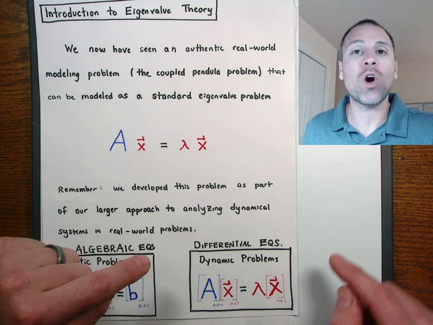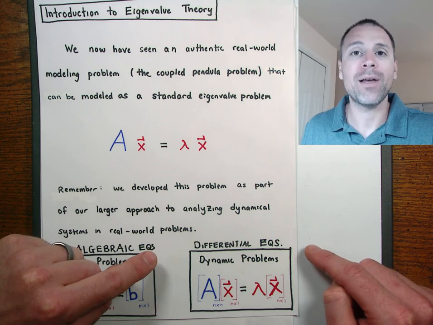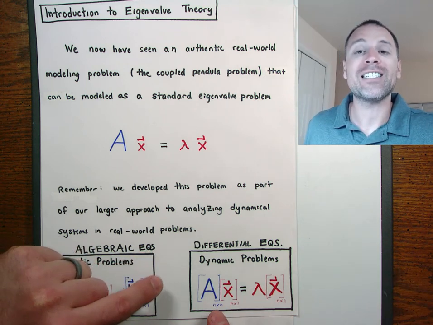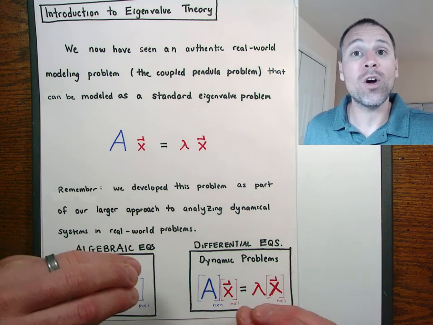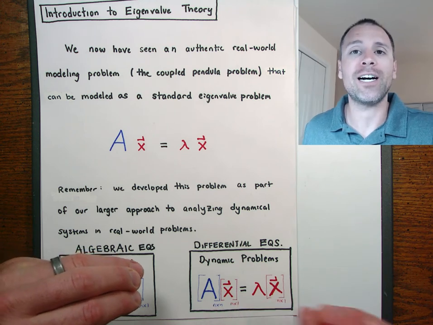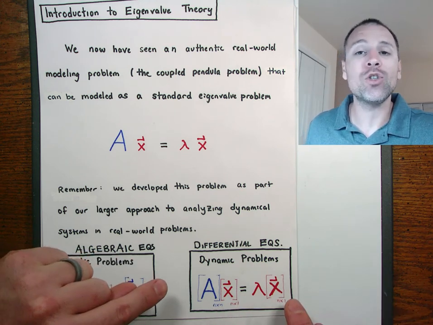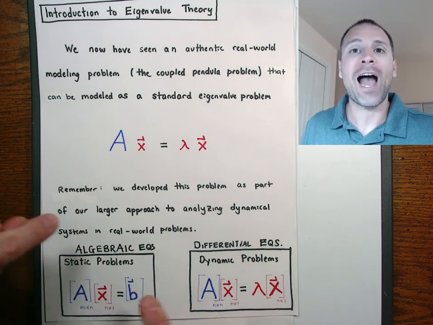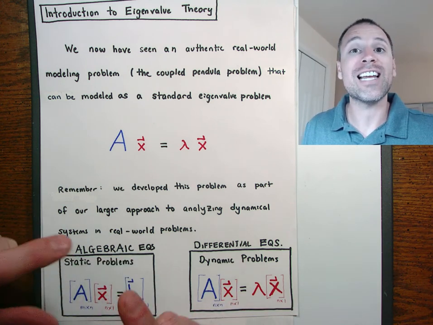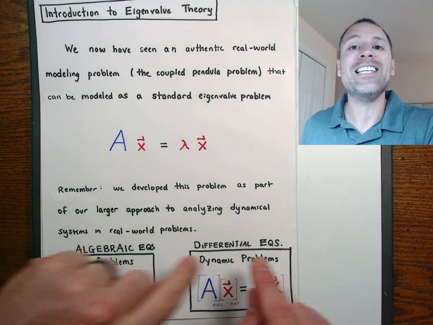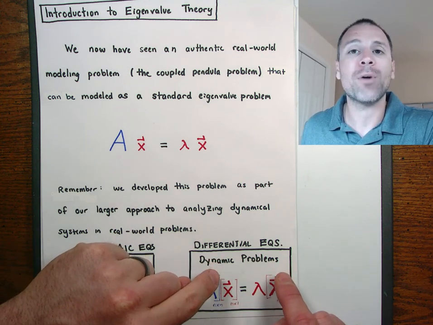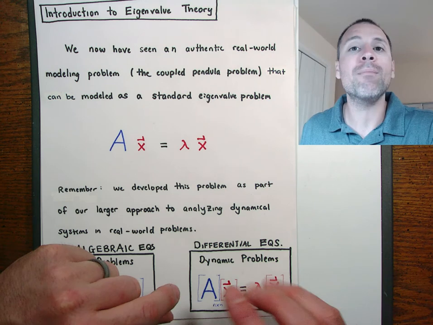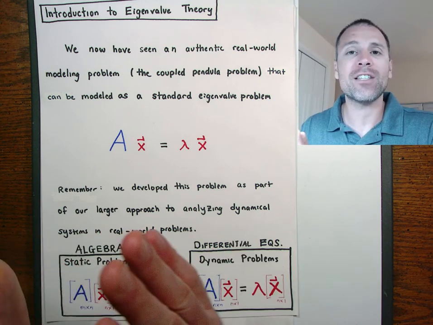An engineer might call those dynamics problems. The point of those is to take problems that exist in the real world that change over time and turn them into algebraic processes. Now, in our analogy, if algebraic problems are equivalent to studying snapshots in time, differential equation problems or dynamics problems are equivalent to looking at movies, sequences of events that play out over time.